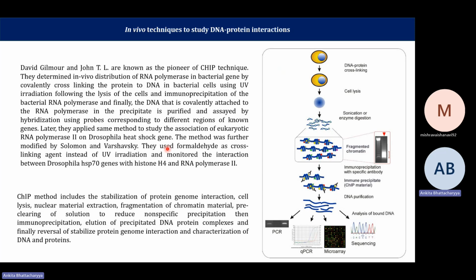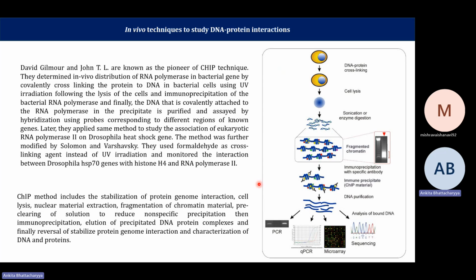Now, vaguely speaking, the steps involved in ChIP, or chromatin immunoprecipitation, begin with stabilization of the protein and DNA interaction. By stabilization, we basically mean freezing those interactions in vivo. You do not want them to get disrupted because of any mechanical pressure, any of the chemical reagents you are adding, or sonication, which is a necessary step during chromatin immunoprecipitation.